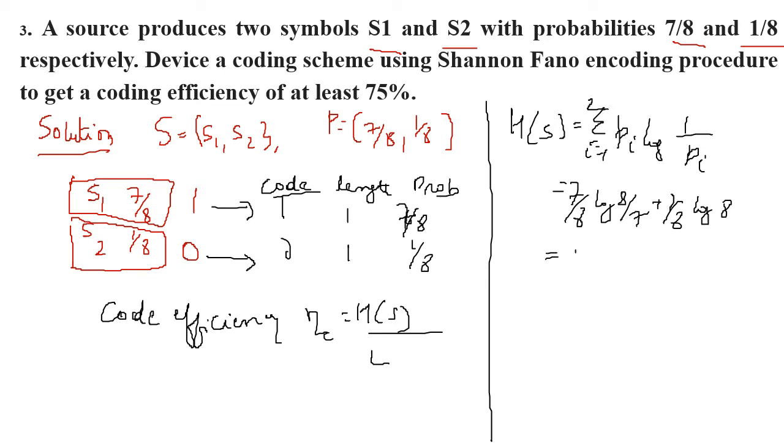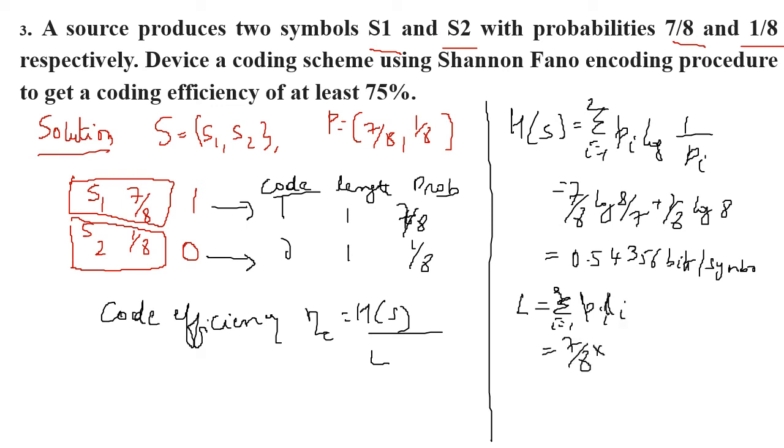So you are going to get this H(S) value as 0.54356 bits per symbol. Next, the average length L is given as summation i equal to 1 to q, pi into Li. So the probability 7 by 8 into length 1, plus 1 by 8 into length 1. So you are going to get the average length L equal to 1 bit per symbol.